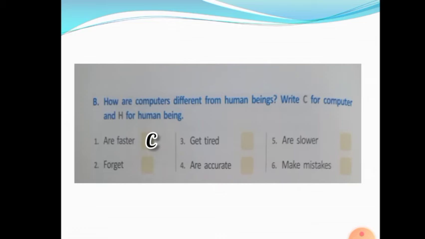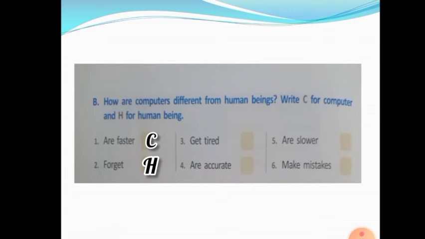So, we should write in the box the letter C. It's suitable for computer. The second one, forget. The computer cannot forget things, but the human can forget. So, it is suitable for humans. So, we should write the letter H.